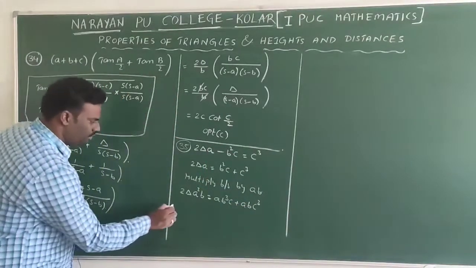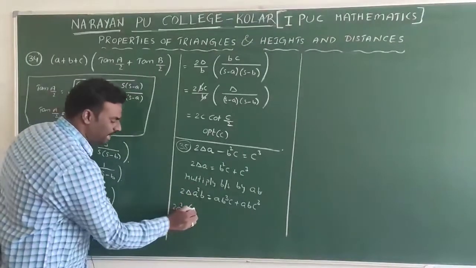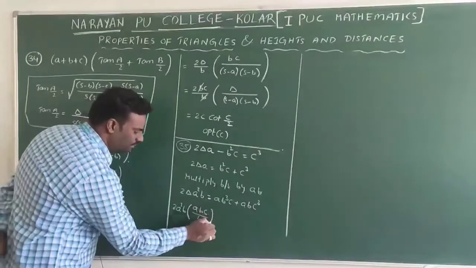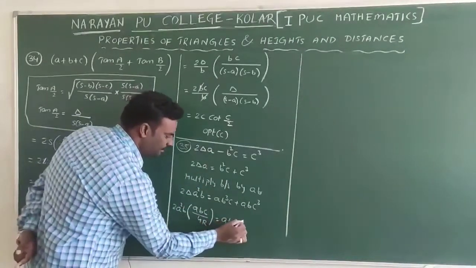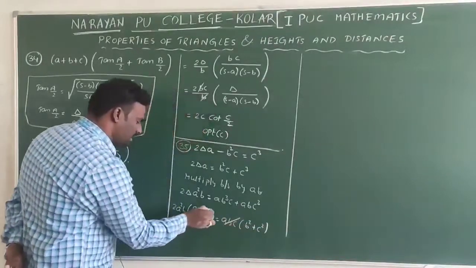Now 2A square B into, in place of delta I can write ABC by 4R. Here also you take ABC common in the right side, B square plus C square. Now ABC cancel.